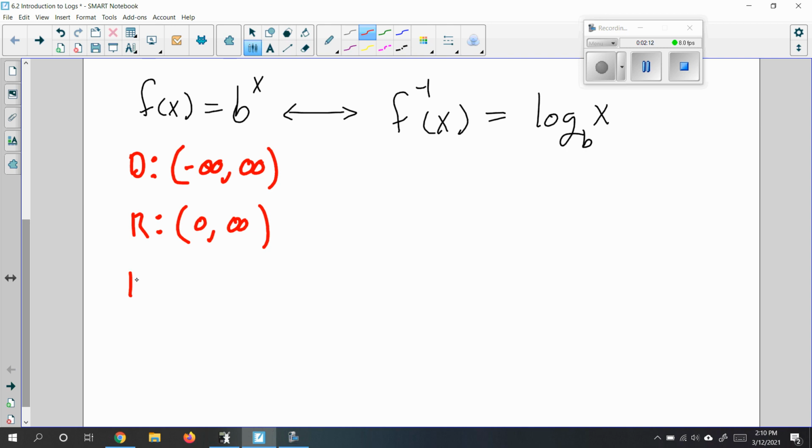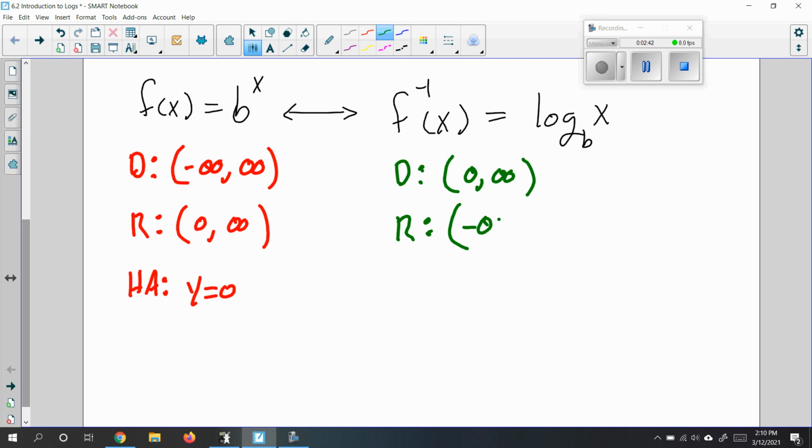Recall also that it has a horizontal asymptote at y equals 0. So since the log is the inverse of the exponential, that means that the domain of the log is from 0 to infinity. Recall that the inverse swaps the x's and y's. That means that the range of the log is from negative infinity to positive infinity.